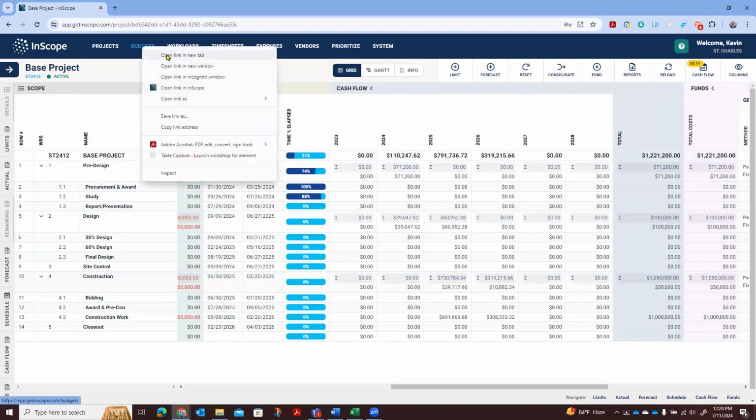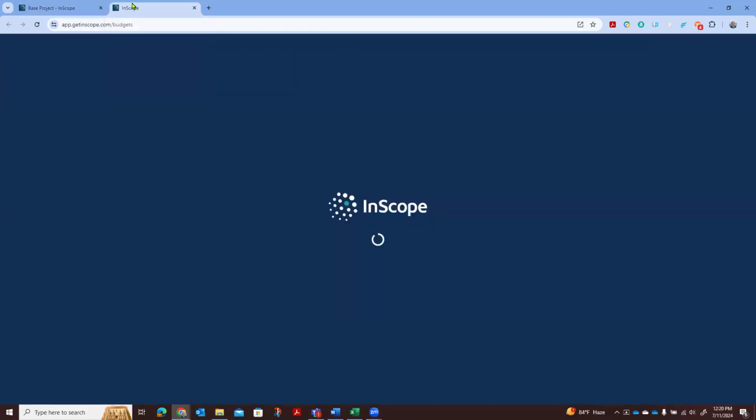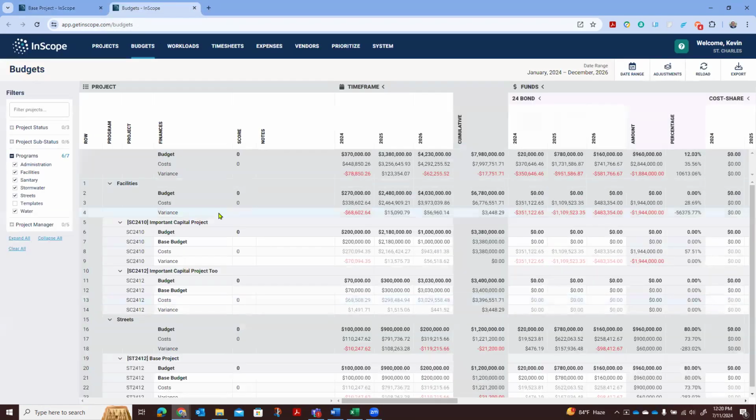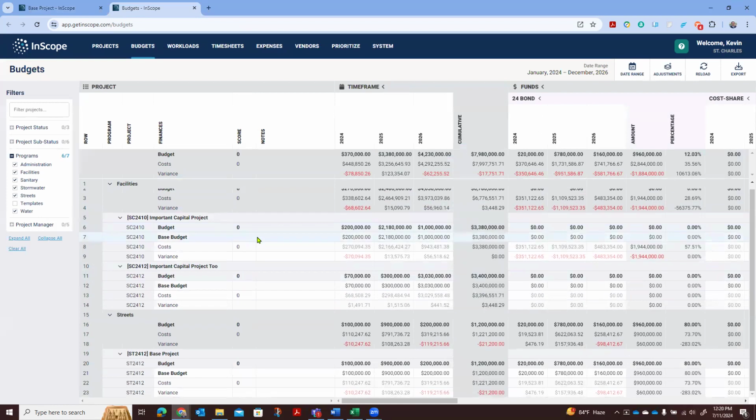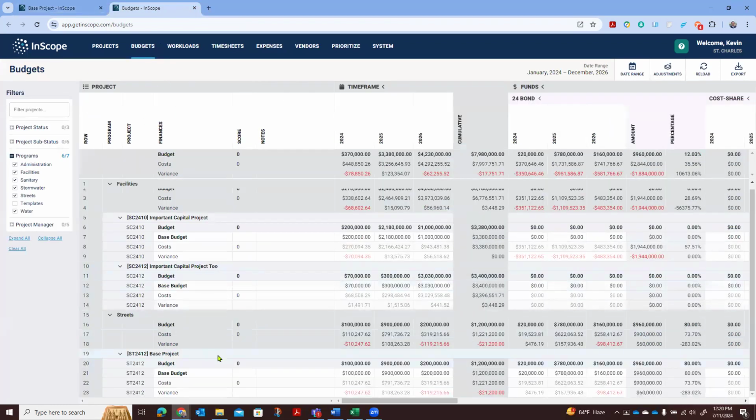So now when I go to budgets, I want to come over here to my budgets workspace. If I look at my budgets workspace, I can see, I forget what project I was looking at, ST2412 here. I can see that ST2412, I had 100,000 this year.